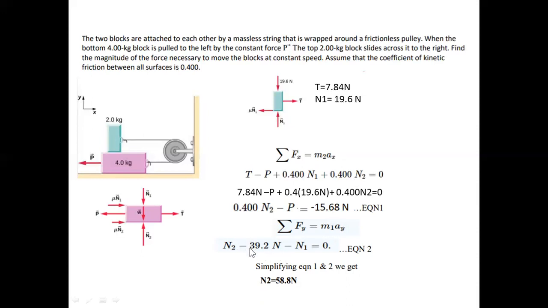If we're going to transpose to the other side of the equation, this gives us N2 is equal to 58.8 newtons. And substituting this value in the first equation, this becomes 0.4 of N2, or 58.8, minus P is equal to negative 15.68 newtons. This gives us the value of P equal to 39.2 newtons.